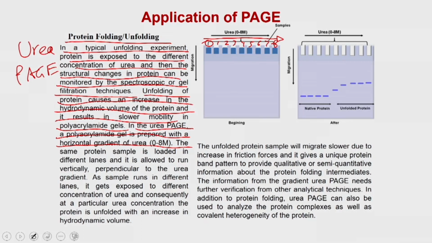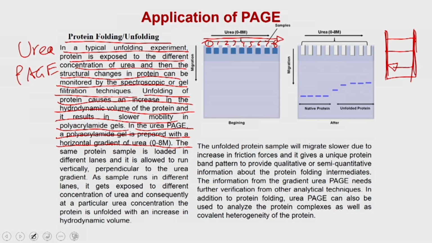The way we normally cast the gel is like this: we fill the resolving gel, then we fill the stacking gel. So, it is always in the vertical orientation, but for urea PAGE you have to have a gradient going from this direction to this direction, which means I have to cast the gel in a different orientation.